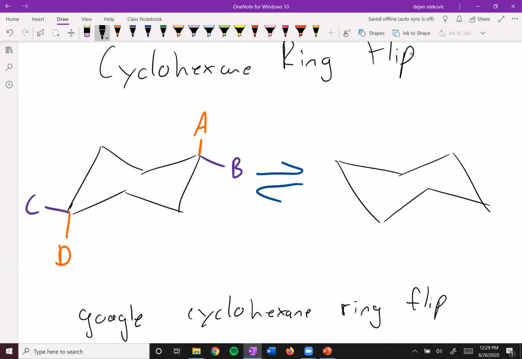All right, and so we can see that occurred. And so what happens during this ring flip is that this back carbon actually comes forward, and then this front carbon actually goes backwards. And at the same time, these axial and equatorial positions switch.